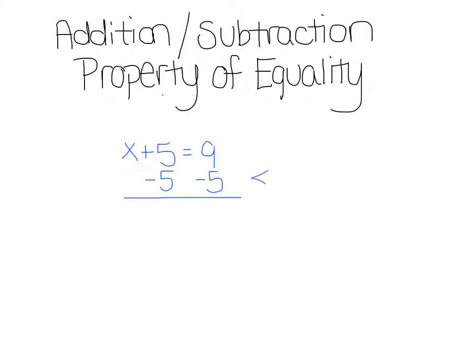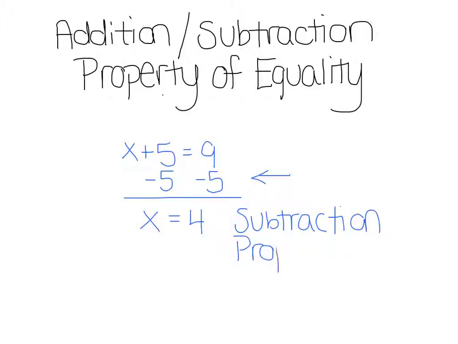But this step right here, this subtracting 5 on both sides, gives you the subtraction property of equality. So when you get x equals 4, you got this through the subtraction property of equality, basically saying that you're keeping this equation equal by subtracting the same amount on both sides.